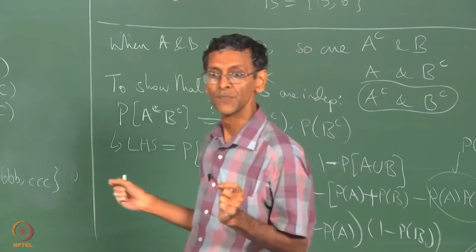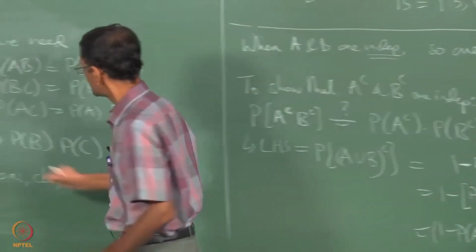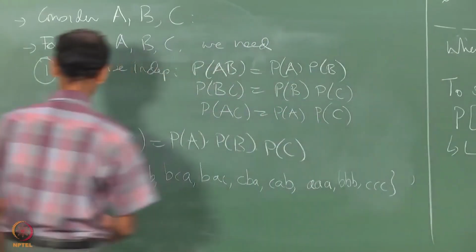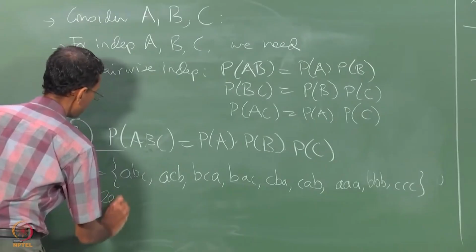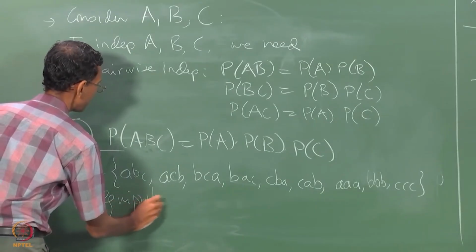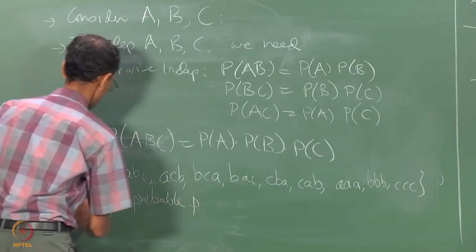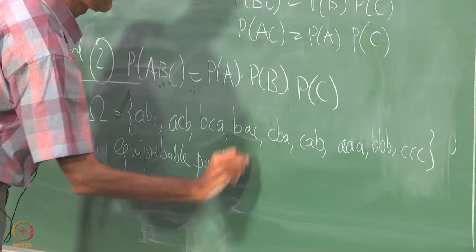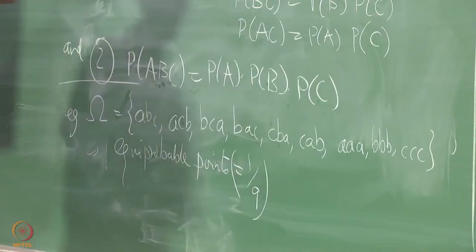So I will attach a probability of 1 by 9 to each of these strings. So these points in omega are equiprobable with probability of 1 by 9.